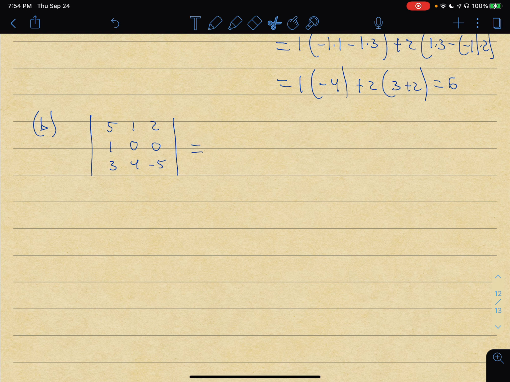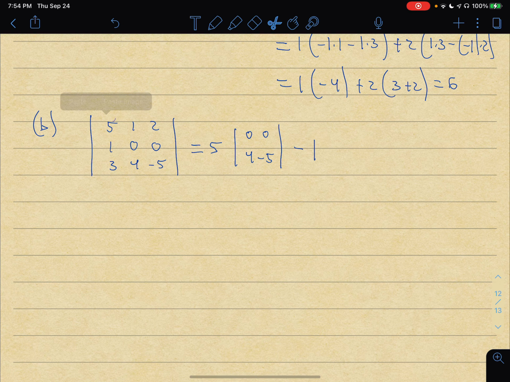Take element 5, which sits at the 1, 1 position, and multiply that element by the matrix that you'll get by deleting the first row and the first column. So that would be 0, 0, 4, minus 5, minus 1, the second element in the first row.